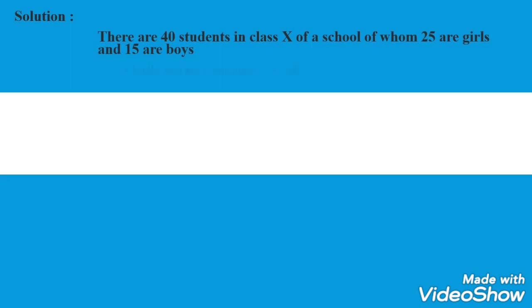Because of that, the total number of outcomes is 40 students. The total outcomes we call the sample space, denoted by S. So the number of elements in the sample space can be written as n of S equal to 40. So now we have the total number of outcomes.